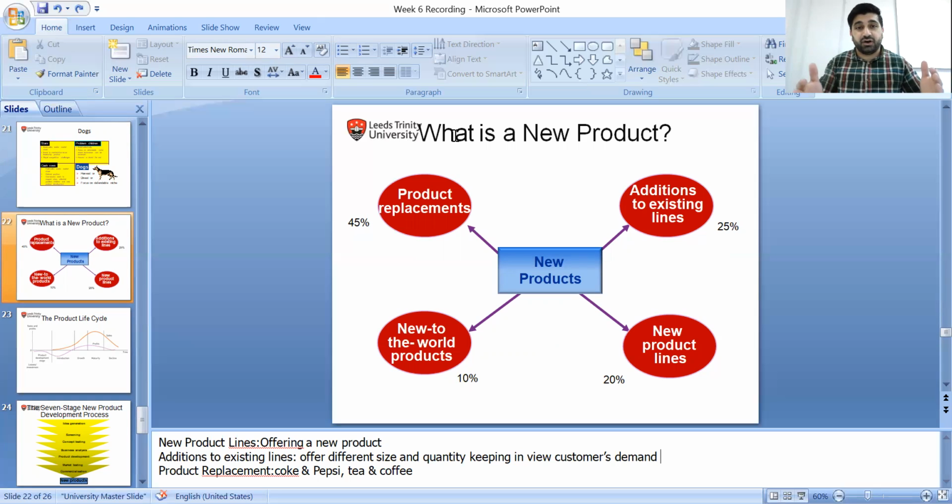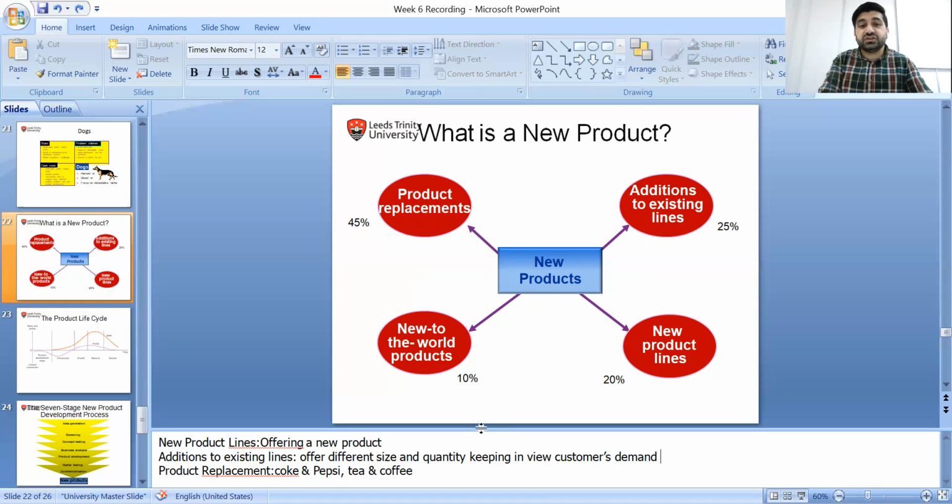That is the example of replacement of product. Or if we are selling tea, then we may think to offer a new product as coffee. That is replacement of the tea. So when we are talking about the replacement, we replace the existing product and offer a new product in the same field, in the same industry.